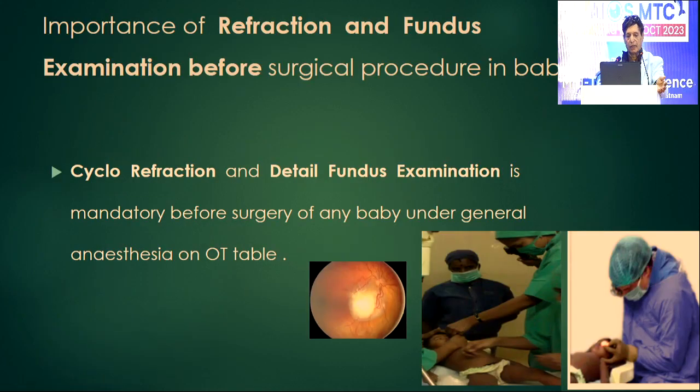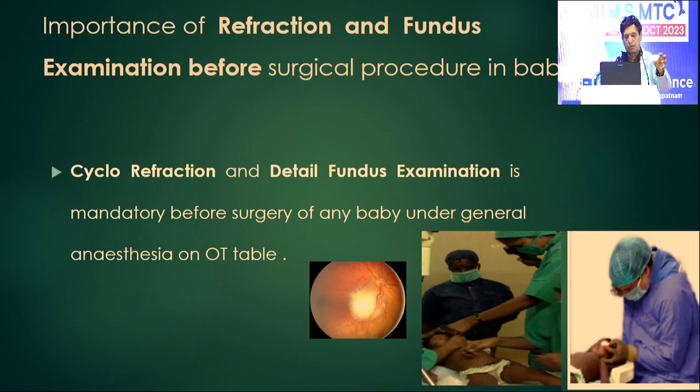Then cycloplegic refraction. In all these cases, when you are performing surgery in children below the age of 3 years or in babies, cycloplegic refraction and detailed fundus examination are very, very important. Because I have seen one case that was operated for strabismus, and afterward they found that the child had a retinoblastoma inside.